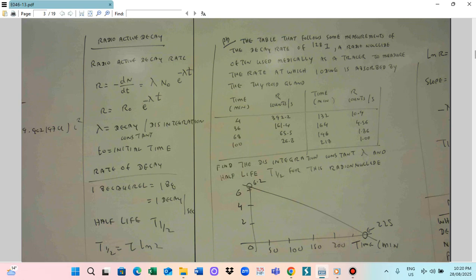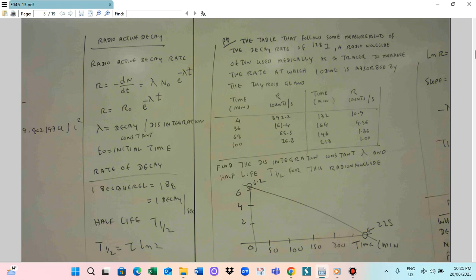So R can also be calculated as R0 e power minus lambda t. So this is for the radioactive decay rate, and it can be calculated by this equation. In this case, lambda is the disintegration constant, or decay constant.